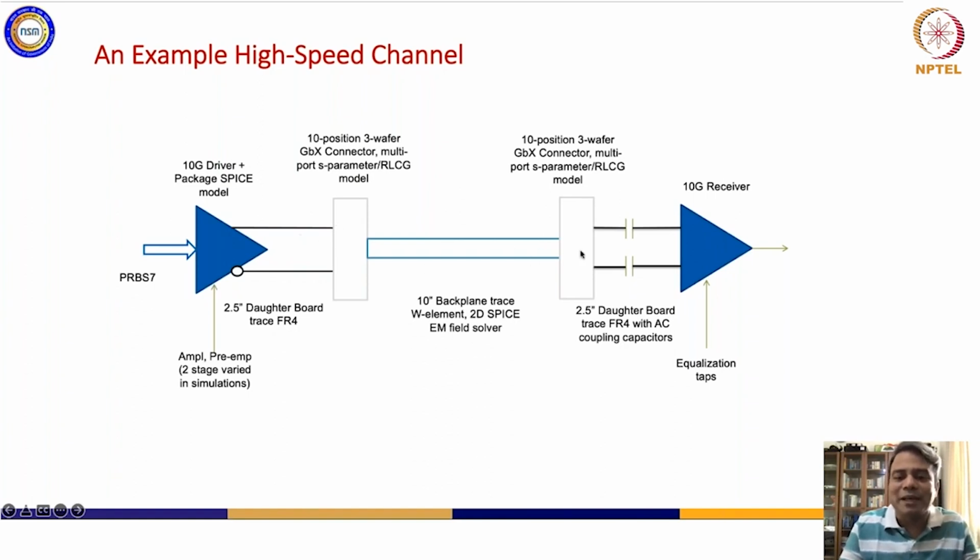The channel can be a cable. It can be a backplane of a large supercomputer where you plug in multiple servers as blades. Okay? That channel carries signals. There is a receiver connector, and then there is a receiver amplifier. And therefore, this entire thing forms a high-speed channel.